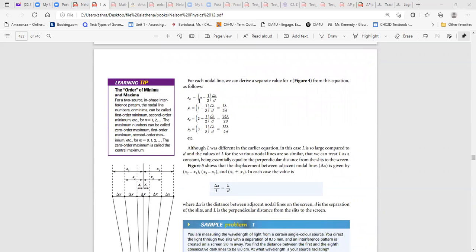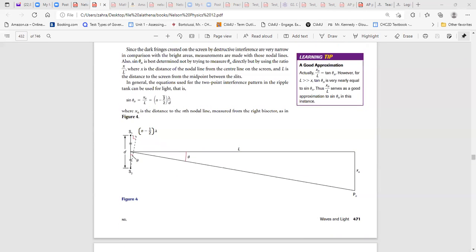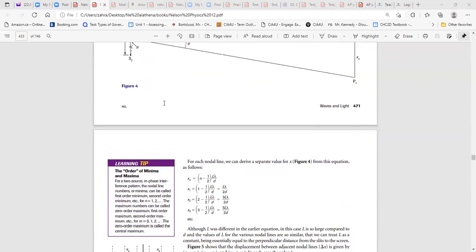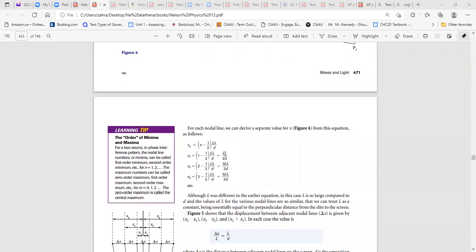Okay, if you put n to be 1 in this destructive interference and solve for x_n, if n is 1, we have x1 is L lambda over 2d, x2 is 3L lambda over 2d, x3 is 5L lambda over 2d. x2 minus x1, if you do that, you will get lambda over d.